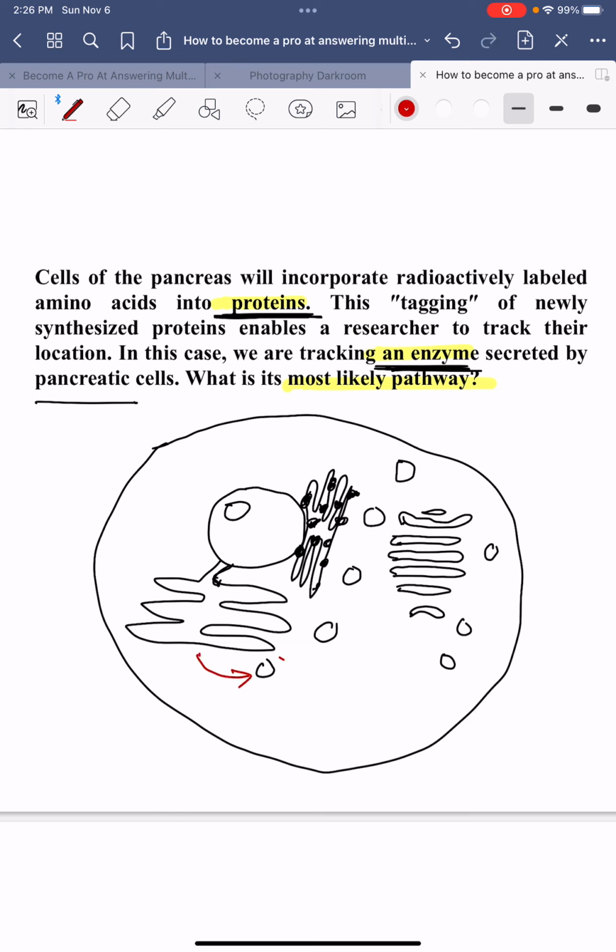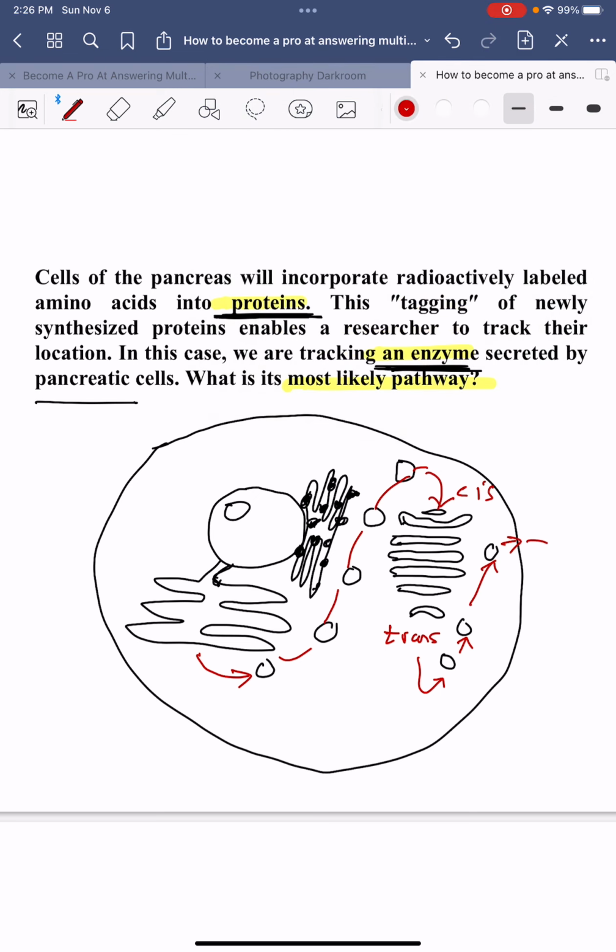You can have then movement all the way through and reaching an area in the Golgi called the cis phase of the Golgi, and then at the trans phase you're going to have some vesicles leave again, and of course these vesicles can fuse with the membrane of the cell and then exit out of the cell.